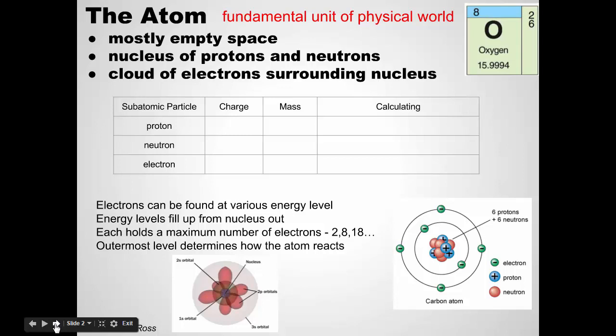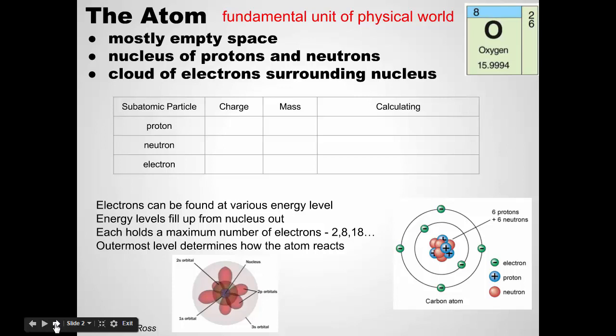There were various models of what an atom might be structured as through the years, and that model changed over time. We talked about the plum pudding model, where you had a solid mass with little bits of electrons stuck in it like cookie dough. But we know now that atoms are mostly empty space.